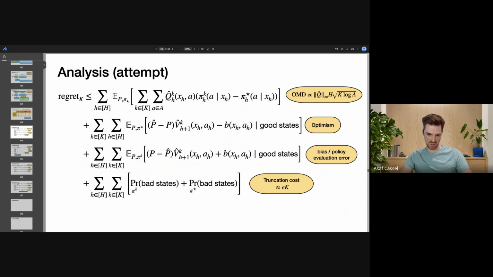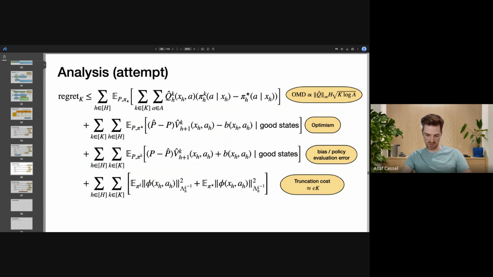So using our truncation, because we don't have the uniform exploration phase, these terms will actually turn out to be these elliptical potential terms, these probabilities. Not exactly probabilities, but if you do the equivalent thing, this is what you'll end up with. And the issue is that now you have this elliptical potential, but with respect to pi star.